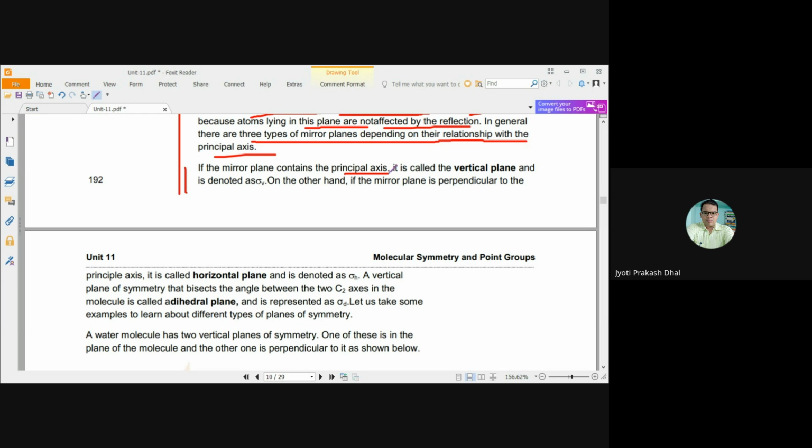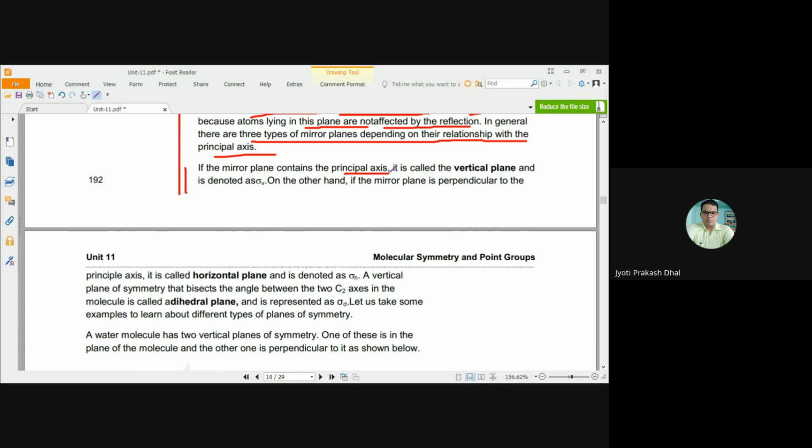If you remember the previous example, in benzene there was one six-fold axis of rotation, and apart from that, six two-fold axes of rotation also exist. That means one C6 axis and six C2 axes. The C6 axis is the principal axis of rotation.